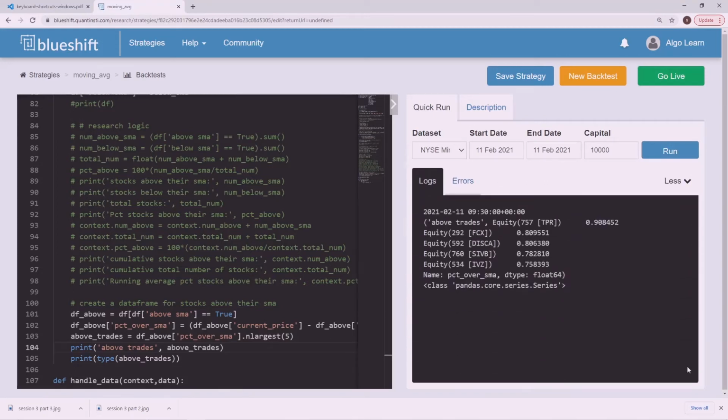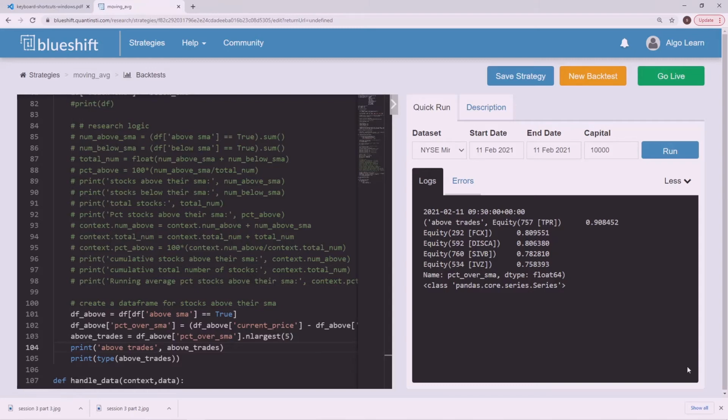All right, so on the 11th of February 2021 at market open at 9:30, we now have a ranking of the top 5 stocks that are the highest percentage over their 200 moving day average.